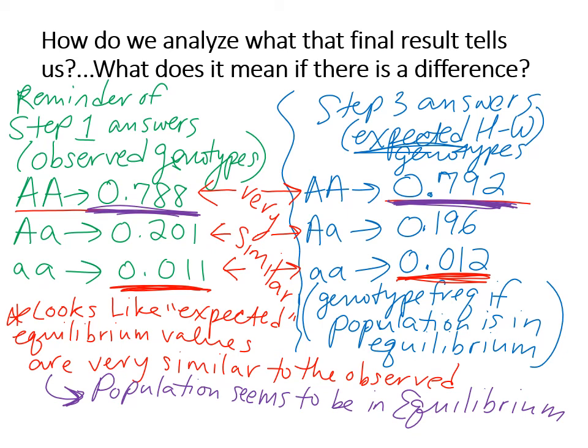If we wanted to test this mathematically and prove that the expected is very different from the observed, or the expected is very similar to the observed value, what technique that we did in a previous week of lab this semester could you use to mathematically prove whether or not the expected and observed were similar or significantly different from each other? Okay, send me in the Remind app what technique you would use to accurately calculate this.